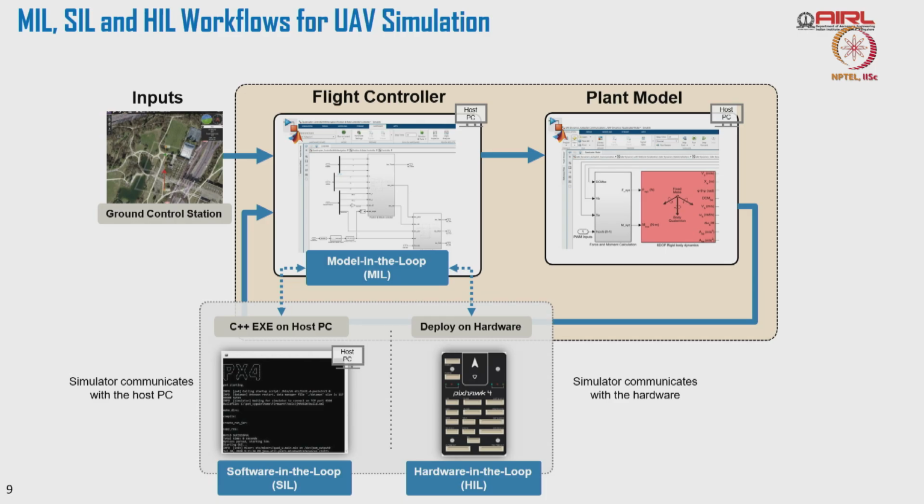In the 6 degree of freedom model, using the input, I'll validate whether I'll be able to do that particular mission or not, right? And then the plant model is also present, right? And the output of the plant model will go to your hardware in the loop part, right? Basically your Pixhawk.